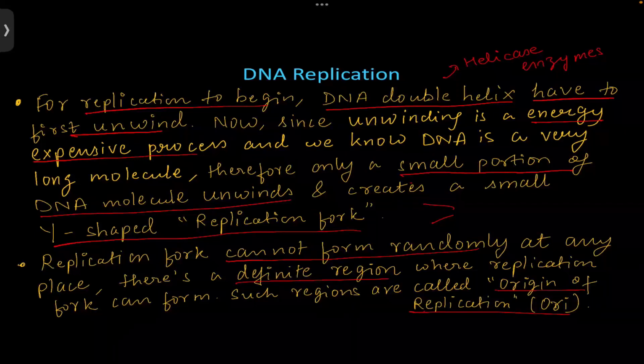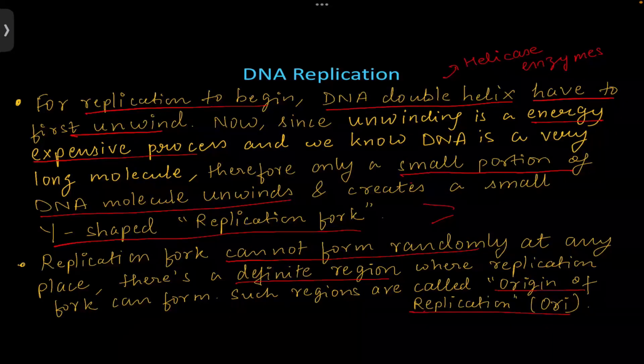These are present at intervals throughout the length of the DNA molecule, and only at the origin of replication will the replication fork be formed. The helicase enzyme will come, bind to the origin of replication, and cause unwinding, thereafter forming the fork kind of structure, that is the Y-shaped structure.